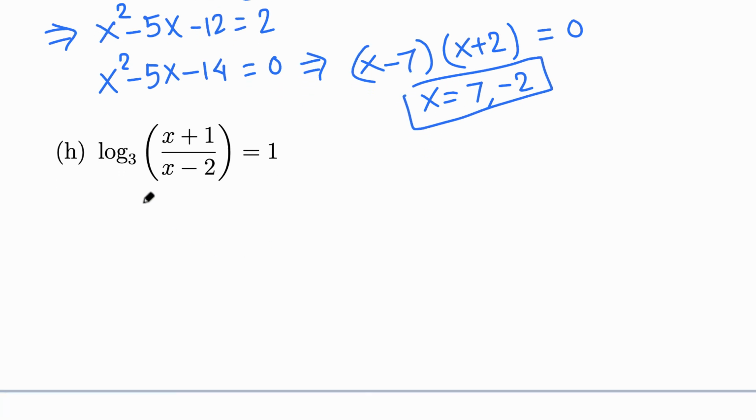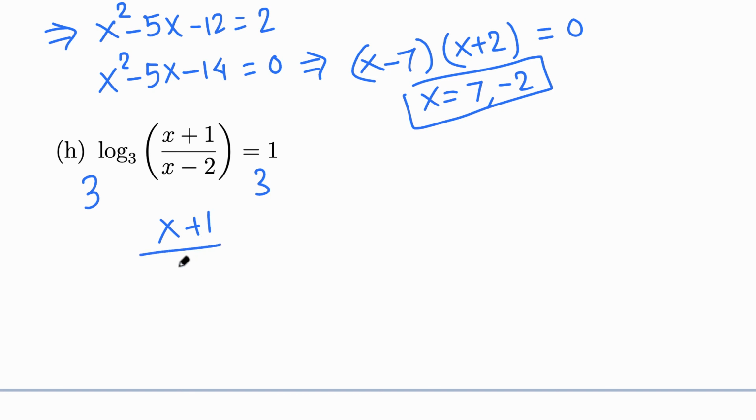Here is log base 3 of this fraction equals 1. So log base 3 means 3 raised to the left-hand side is equal to 3 raised to the right-hand side. 3 and log base 3, their actions cancel. x plus 1 over x minus 2 equals 3 raised to 1, which is just 3. And 3 can be regarded as 3 over 1. Now we can cross multiply.